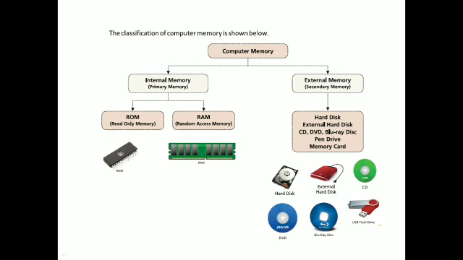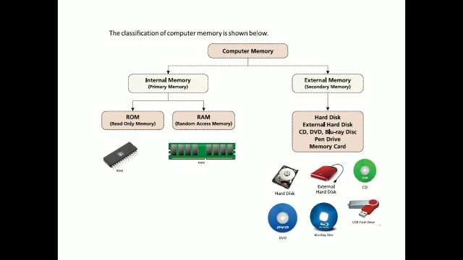The hard disk is inside the CPU box and is permanently fixed there. Then the external hard disk, as the name suggests, is external to the CPU. You can connect it to any USB port to access it.